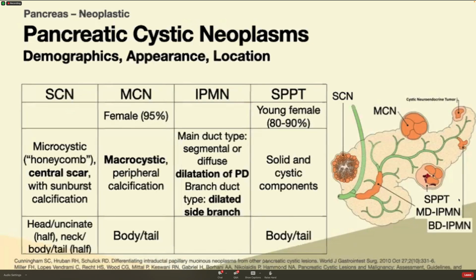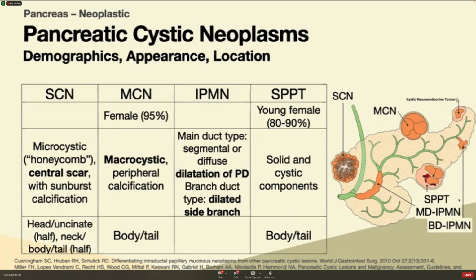So this is a table showing the common pancreatic cystic neoplasms. So for SCN, which is benign, this is microcystic and there's usually a presence of a central scar. For MCN, the patient is usually female and the lesion is macrocystic, and sometimes there's the presence of peripheral calcification.